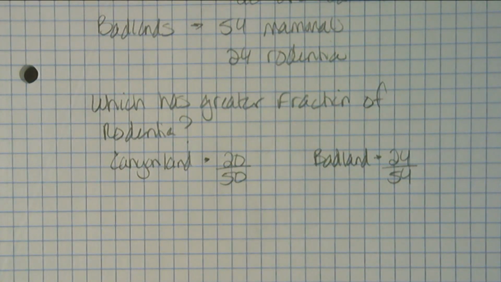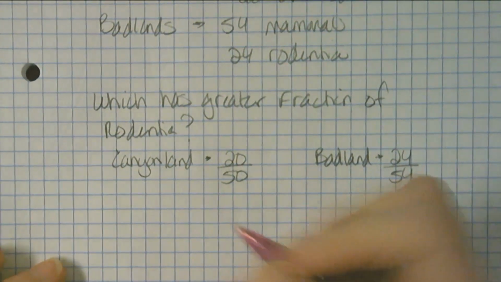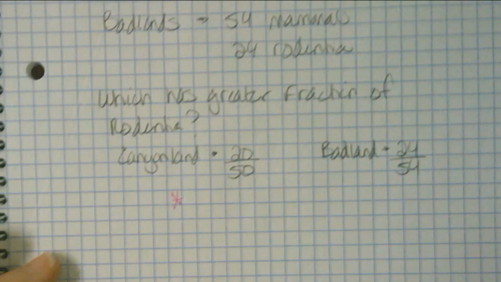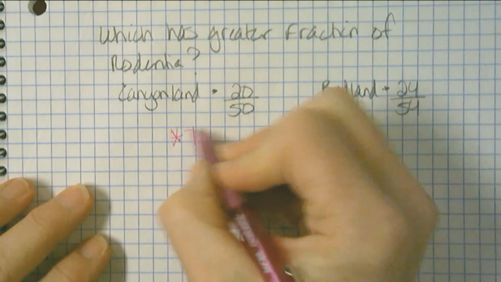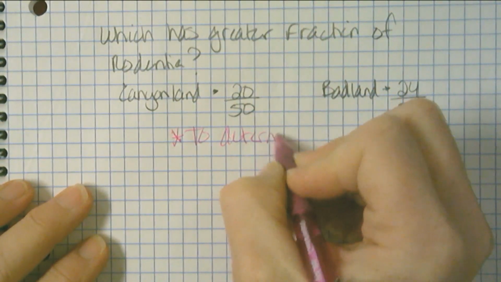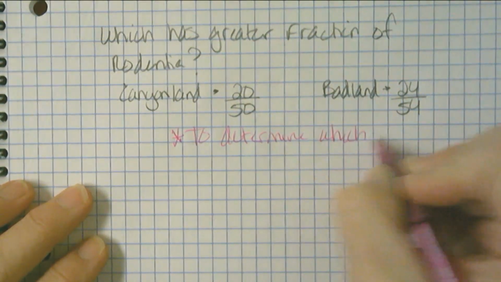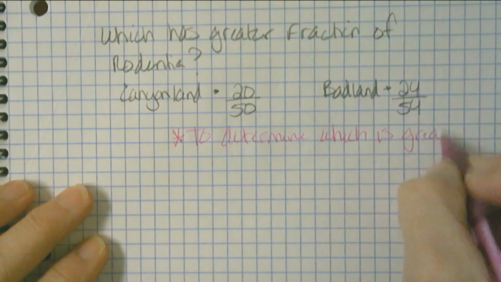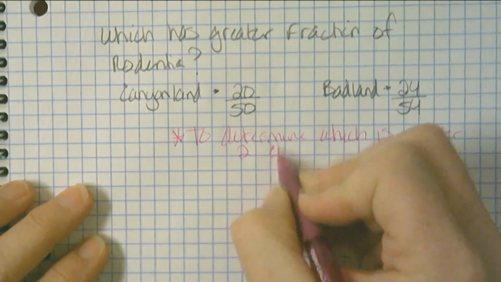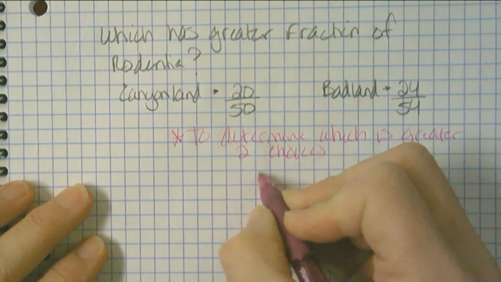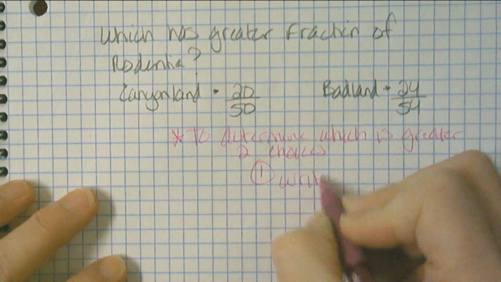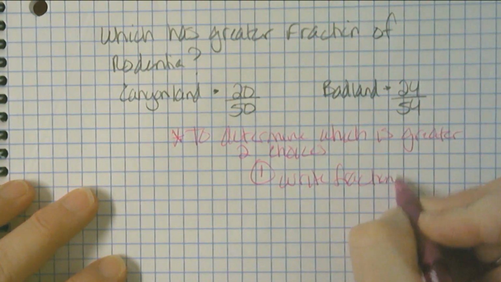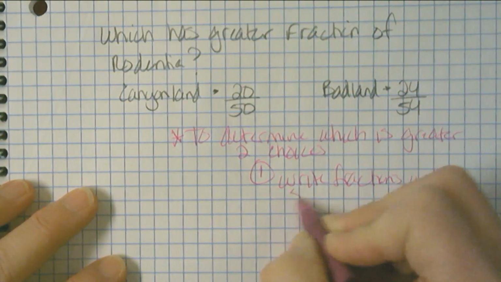For us to know which fraction is bigger, we have two choices. To determine which is greater, we have two choices. One is we need to write fractions with the same denominator.